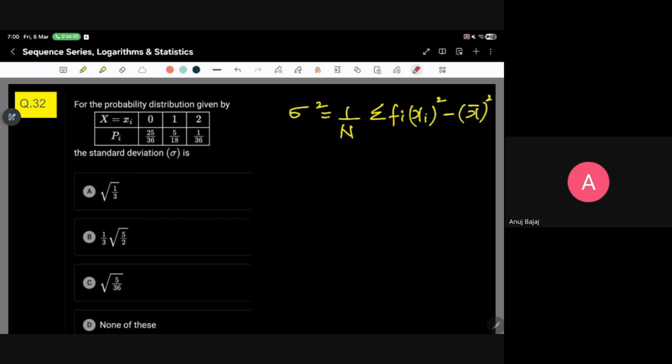So here xi is the data, and in place of fi you have now probability. Okay, and n is what? The summation of the probabilities. So summation of the probabilities, here it is summation of frequency. Now these are the frequencies, so the sum will always be 1. Okay, so that's how you have to apply the variance formula for this table. That's it. This probability is the frequency. That's it. There is nothing new in this. Okay.